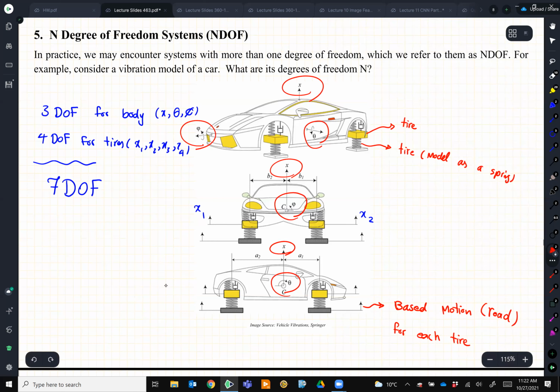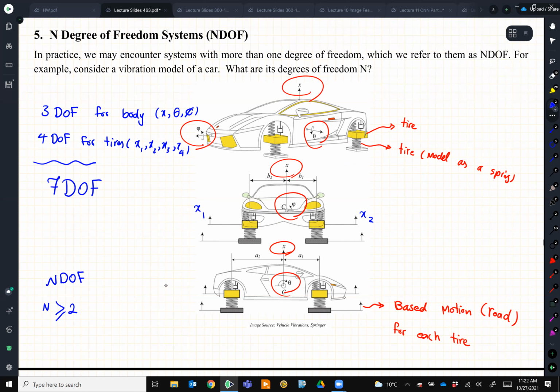Okay, and our objective again here in this chapter is learning how to solve n degree of freedom system. N can be any number bigger than or equal to 2, because if it is less than 2, it is 1 degree. We already discussed it.